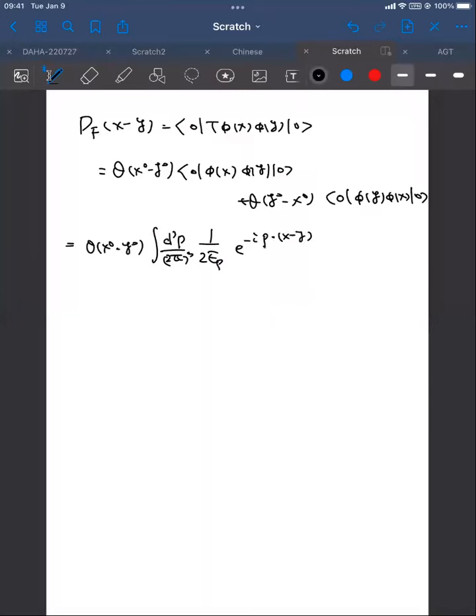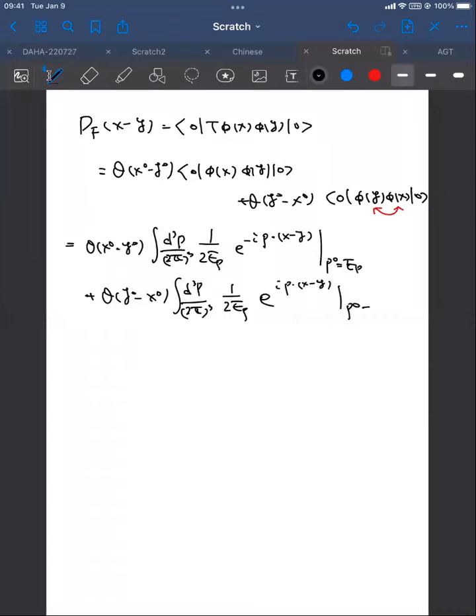And then also the retarded one, d cube p over 2 pi cube, 1 over 2 E_p. Here only the sign changes because we just swap the order of x and y. So therefore here it is p dot (x minus y), with p0 equal to minus E_p.